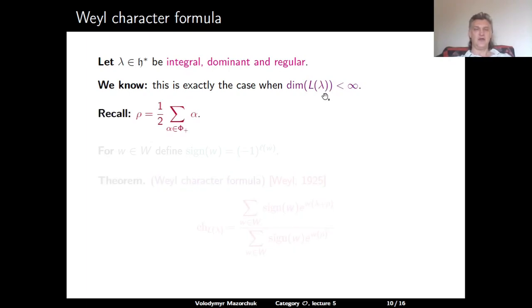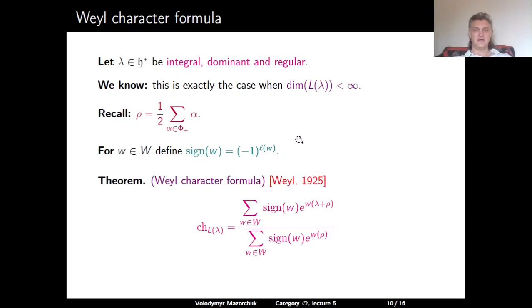Recall that we have previously defined the special weight rho, which is given by one half of the sum of all positive roots. And for an element W in our Weyl group W of G, we define the sign of W as usual. This is -1 to the power of the length of W.